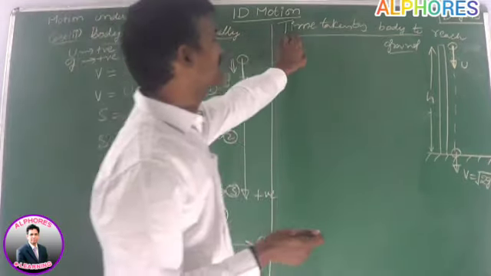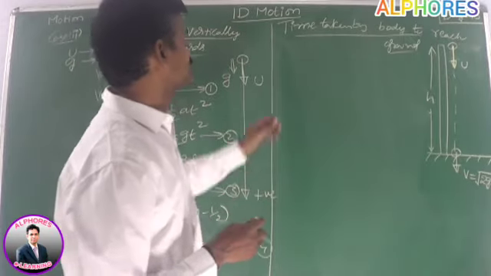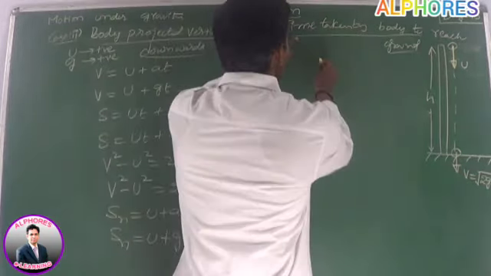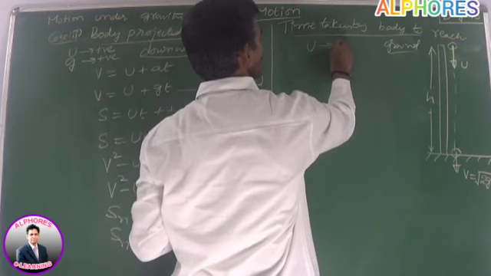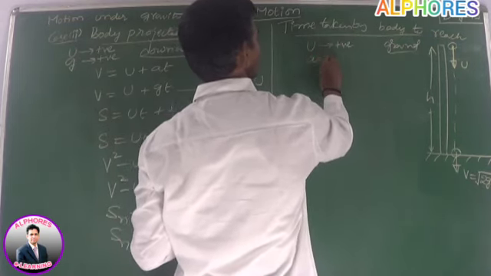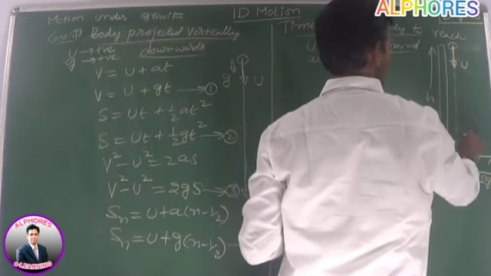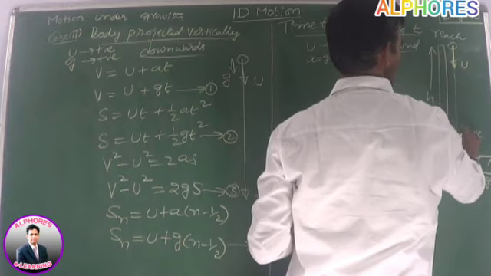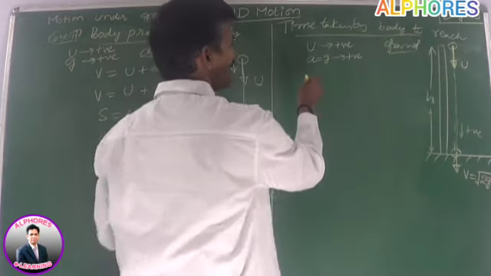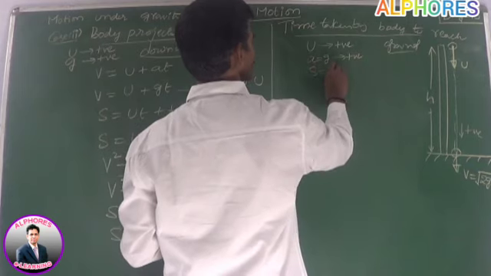Here the body is projected, u is positive, and acceleration g is also positive. Why? Because our downward direction is taken as positive.